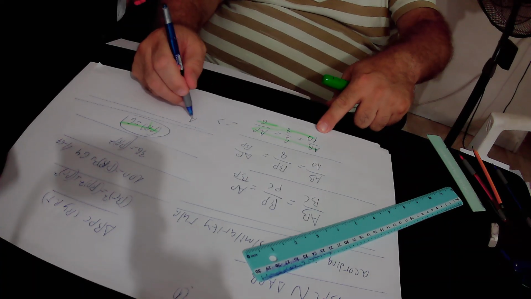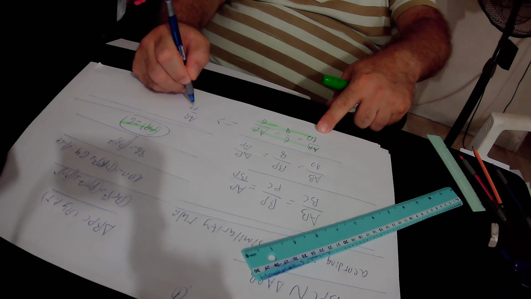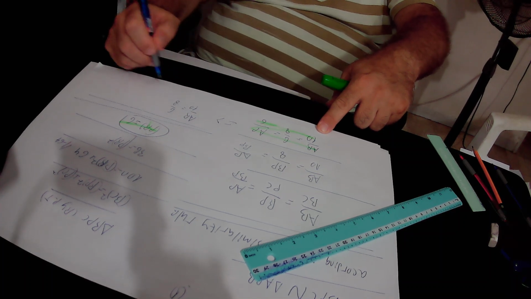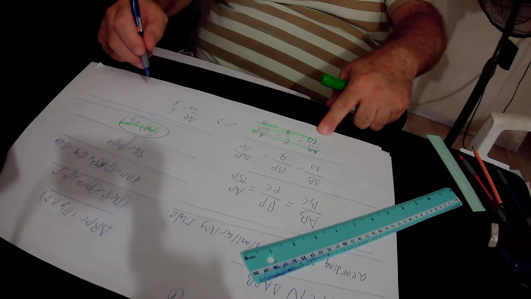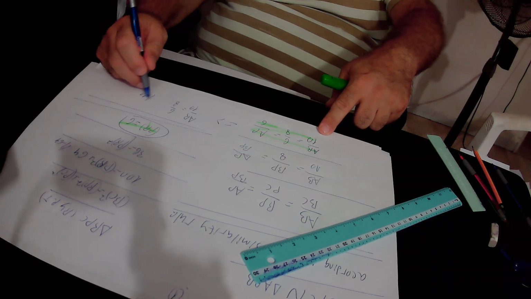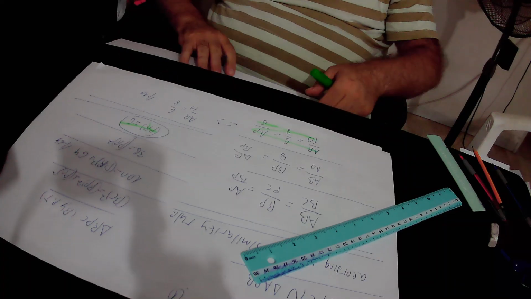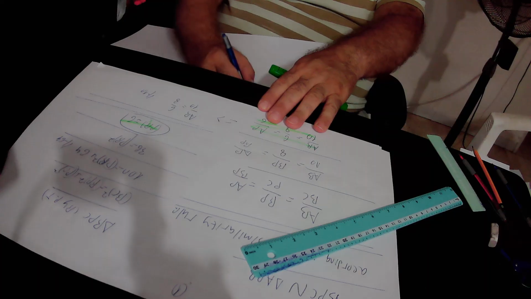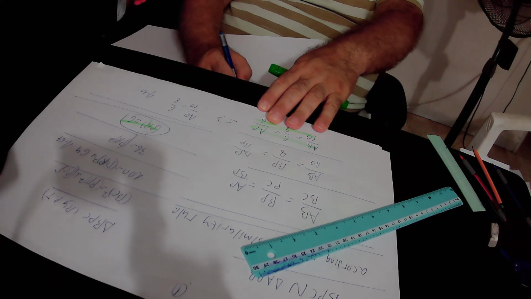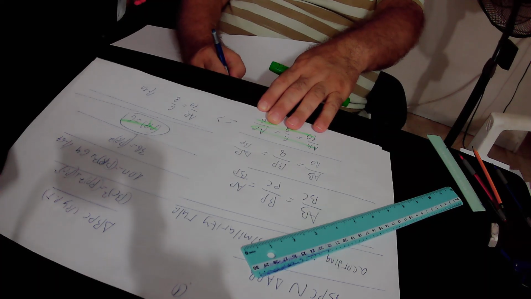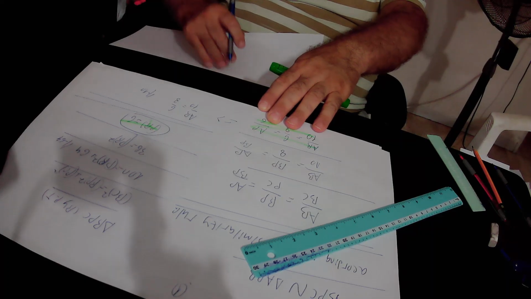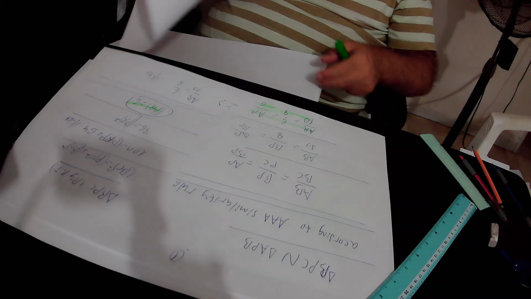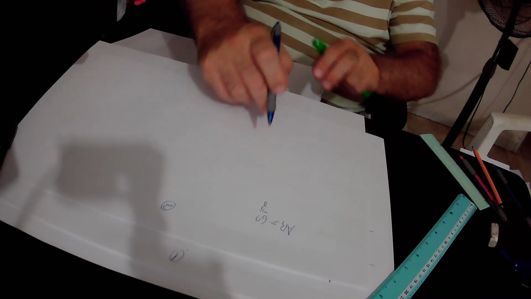According to equation 1, AB over 10 is equal to 6/8. Here we multiply this equation by 10, and finally we get that AB equals 10 times 6, that is 60 over 8.